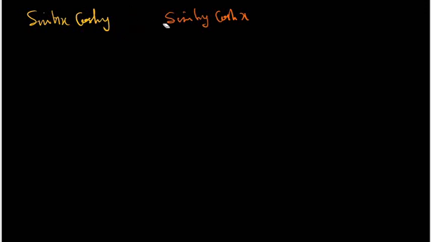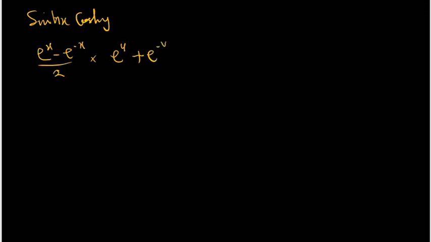So we are working with the left hand side. It can be expressed using the exponential form as e^x minus e^(-x) all over 2. That is the sinh x, multiplied by cosh y, which will be defined as e^y plus e^(-y) all over 2.